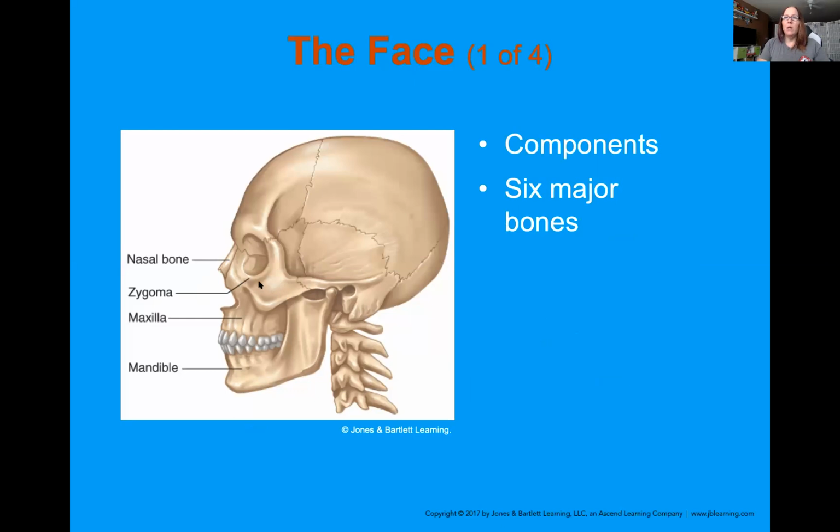We have the zygoma. So some people have very pronounced zygomas. I have pronounced zygomas. This is your cheekbones. Like when boxers are fighting, they split open if they have really pronounced zygomas. We have the maxilla and then the mandible. The mandible is the lower jaw, and it's the only part that should articulate or move on the entire skull. So if you're getting crepitus or movement anywhere else, that's not normal.